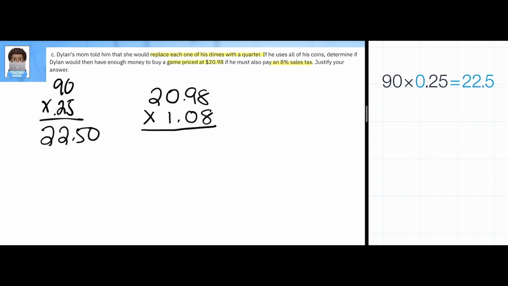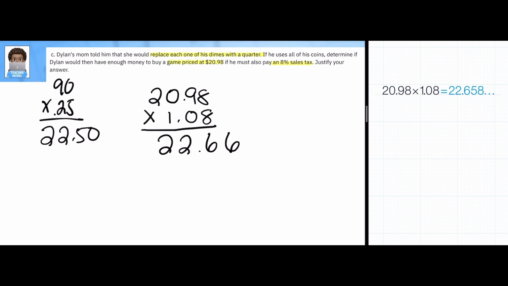The reason I'm doing the 1 is because that will tell me the whole price, the whole 100%, plus the 8%. 20.98 times 1.08 is $22, and I'm going to round this to the nearest penny, 66 cents. So he does not have enough money. He only has $22.50. So I'm going to put that into my justification.